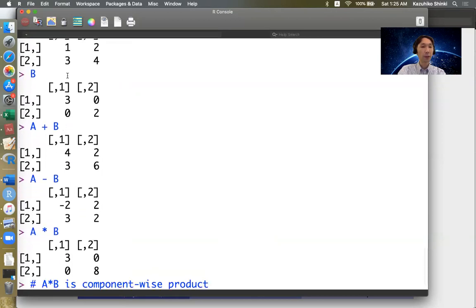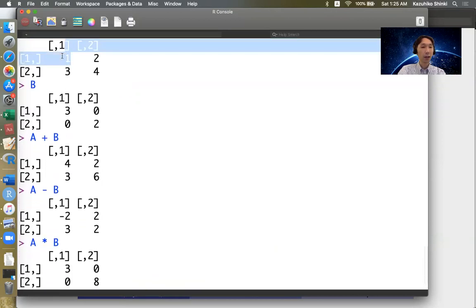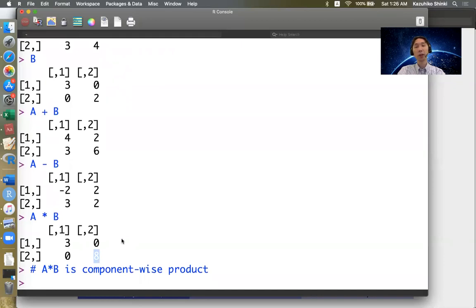So A times B is, okay, 1 times 3, so that becomes 3, and 2 times 0 becomes 0, and so on. 4 times 2 equals 8. So this is not the usual matrix product, but this is the element-wise product.